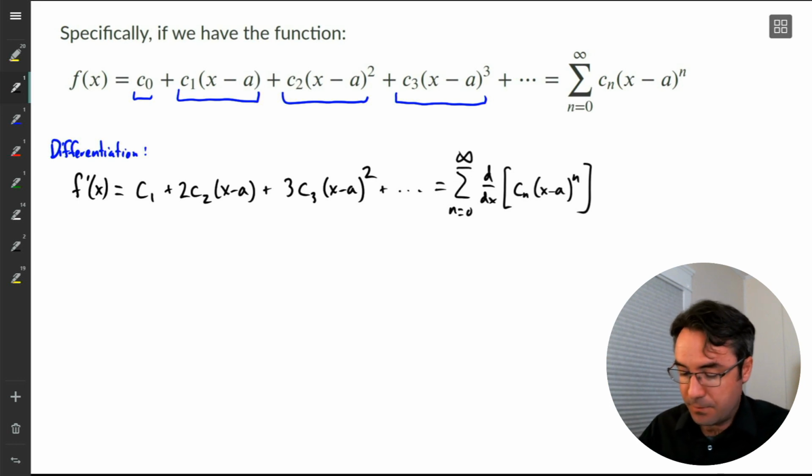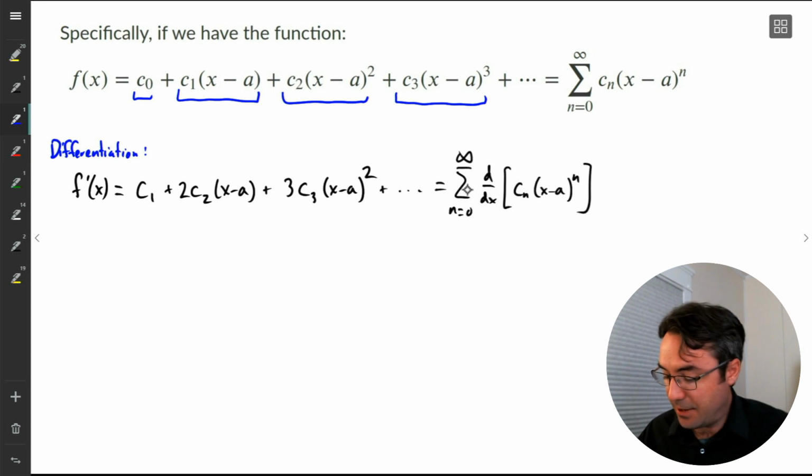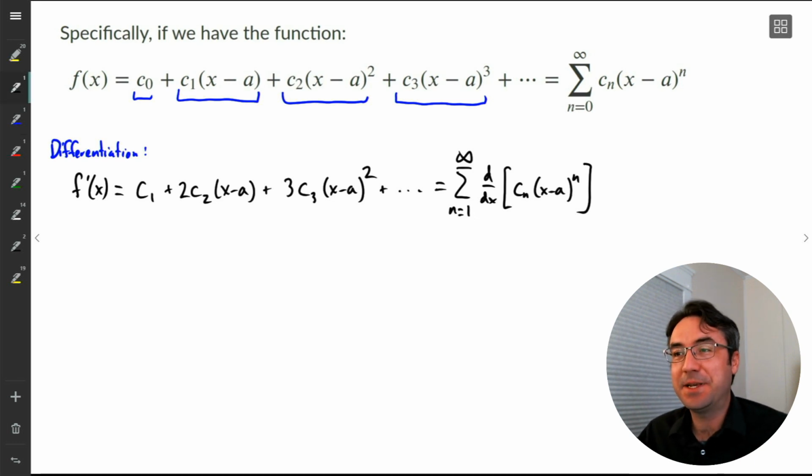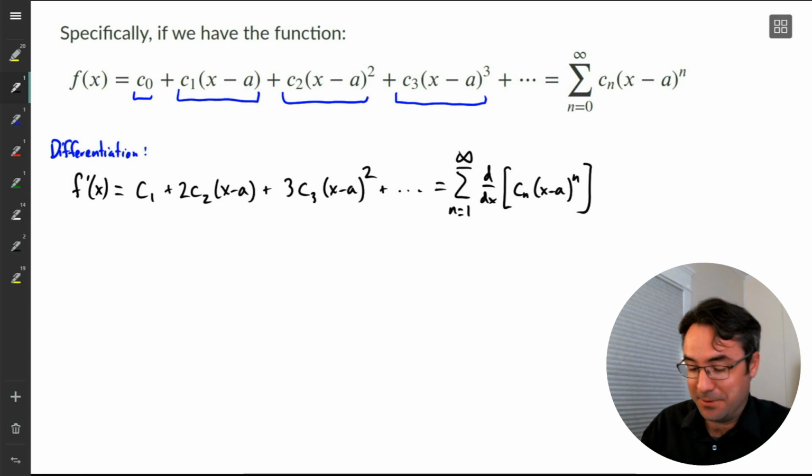Now one thing to note is that when we differentiate, I wrote it wrong here. Well, I was going to say intentionally, but I wrote it wrong. This is going to be n equals 1. And that's because, I mean, it's not technically wrong, but when we differentiate the n equals 0 term, we get 0.